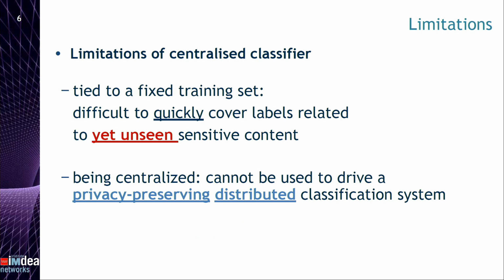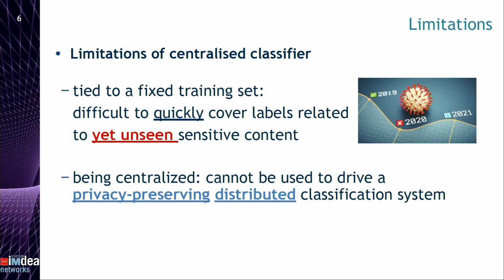But there are some limitations in the previous work. The centralized classifier can't fulfill our task. Despite its very high accuracy, it has two limitations. The first is that it is tied to a fixed training set, which means it is difficult to quickly cover labels related to yet unseen sensitive content, for example COVID-related content, which only appeared after 2020.